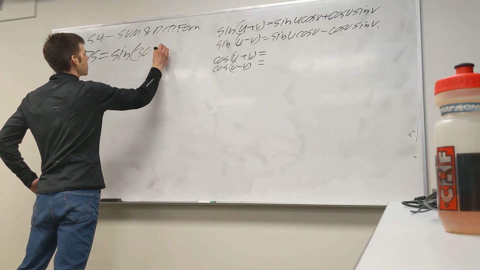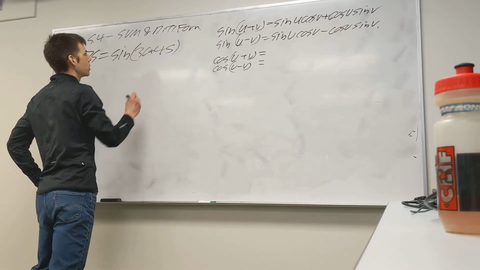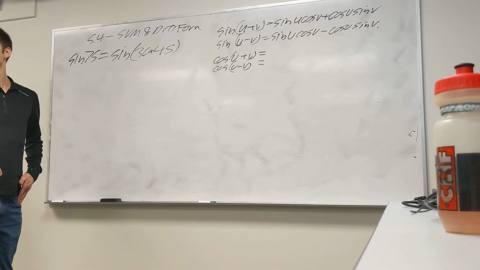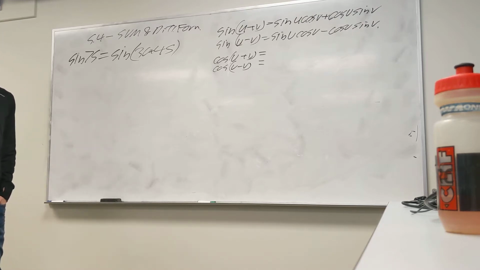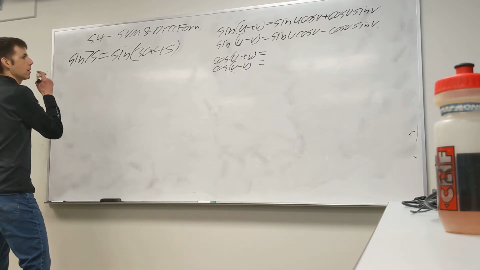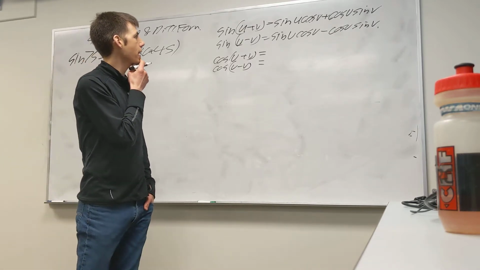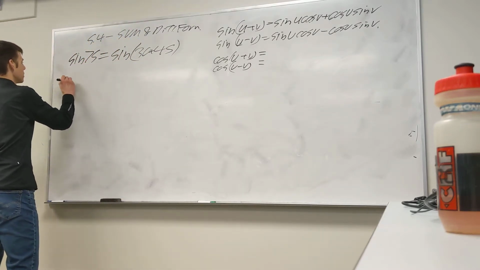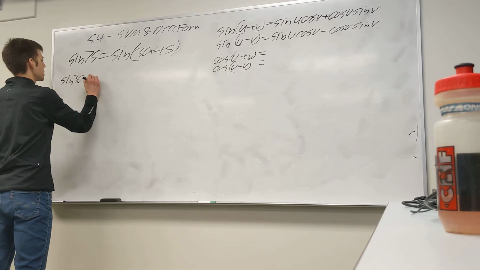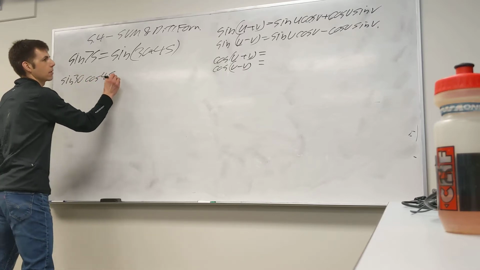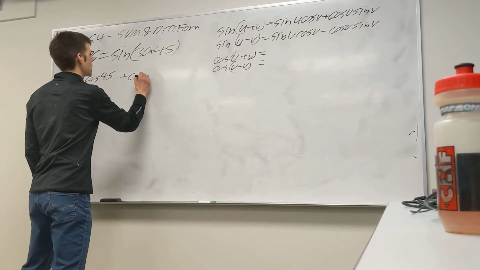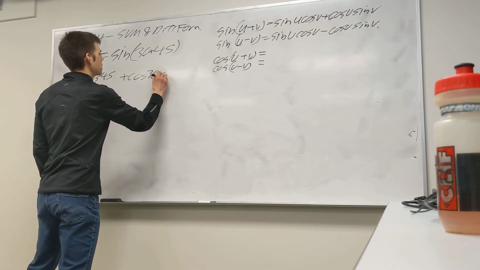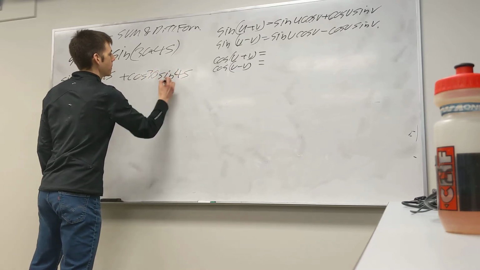So you all know the sine and cosine of 30 and 45, right? So, it's plus, so sine of 30, cosine of 45, plus cosine 30, sine of 45, right?